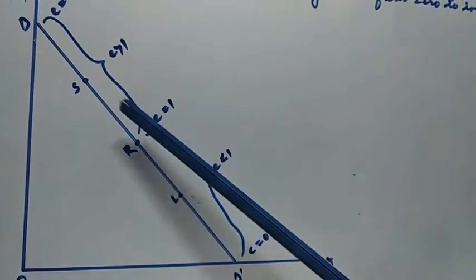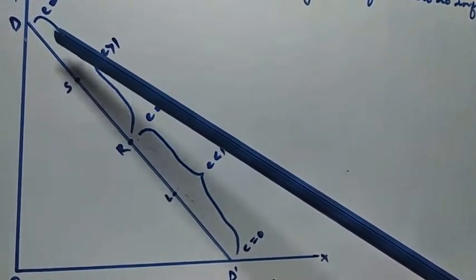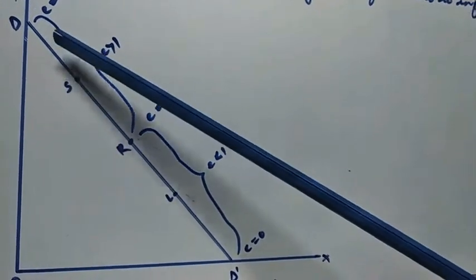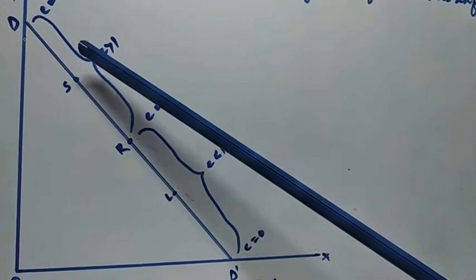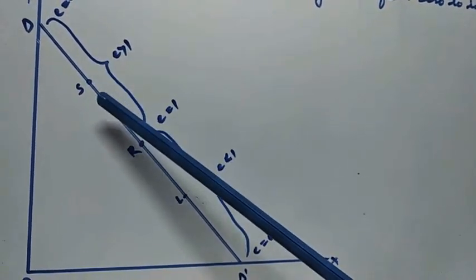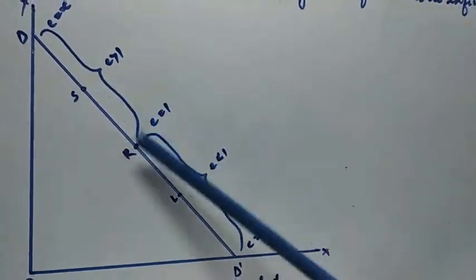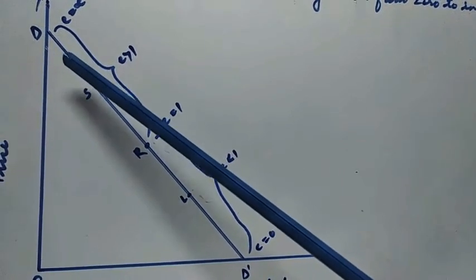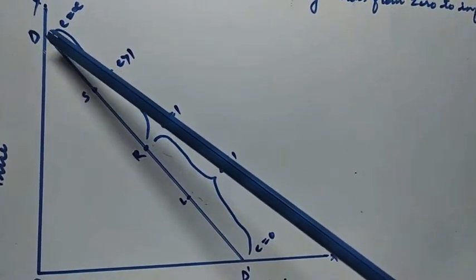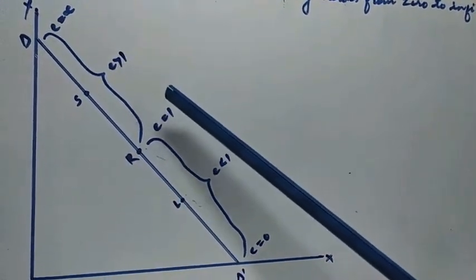As we move towards D, the lower segment will go on increasing, while the upper segment will keep on decreasing, becoming smaller and smaller. And at point D, price elasticity is equal to infinity.